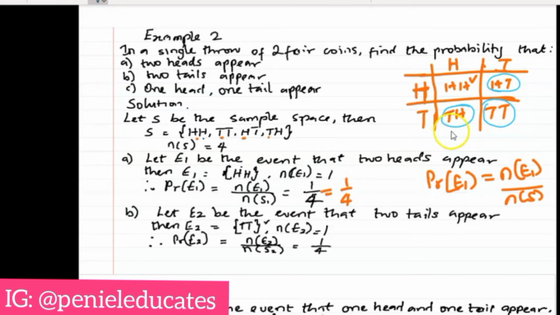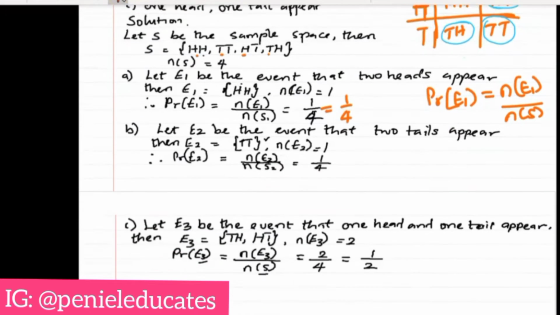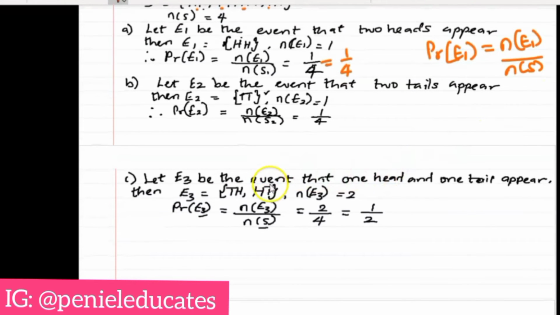So the number of elements in such events is 2. The number of elements within E3, the event that 1 head and 1 tail appear, is 2, and our sample space is 4. So 2 over 4 gives the probability that 1 head and 1 tail appear as half.